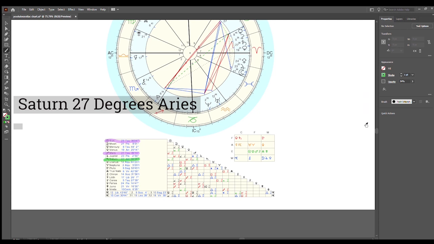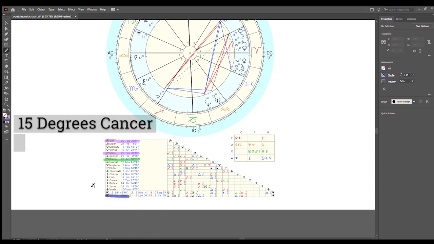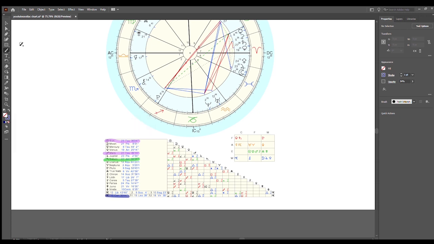And now we have another star system, and we will highlight this one in blue. And the conjunct alignment is 15 degrees Cancer, which indicates Sirius. And now that is all of the conjunct alignments that are present in her birth chart. So again, there are two with the Pleiades, one with the Andromeda galaxy, and one with Sirius.